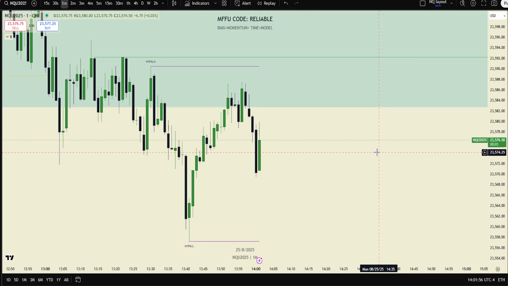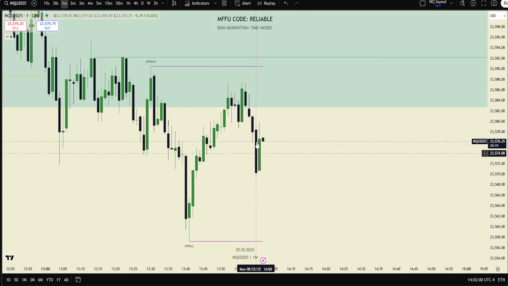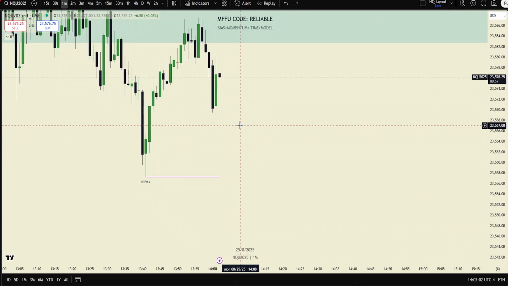But if it pumps, wouldn't that be an SMR? No, no. There's none of that turtle soup here. So the start of the SMR is always going to be a turtle soup.